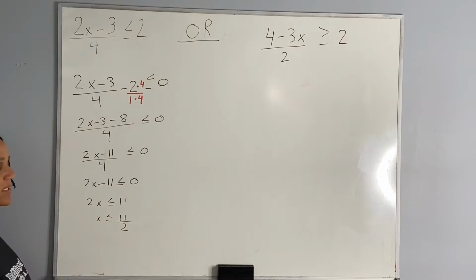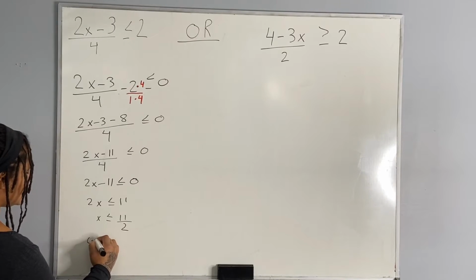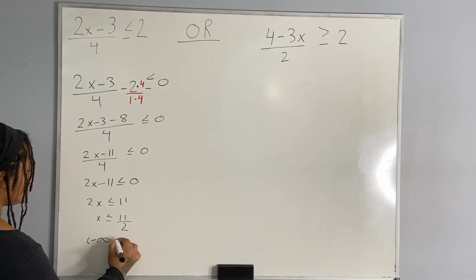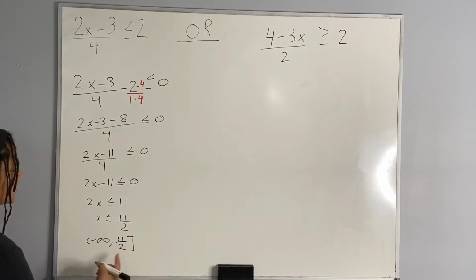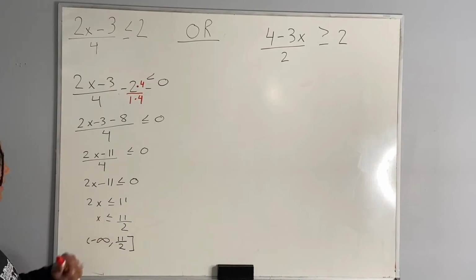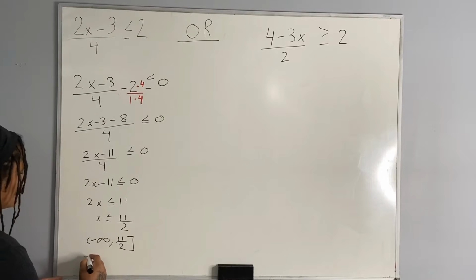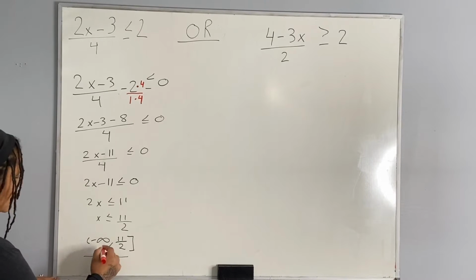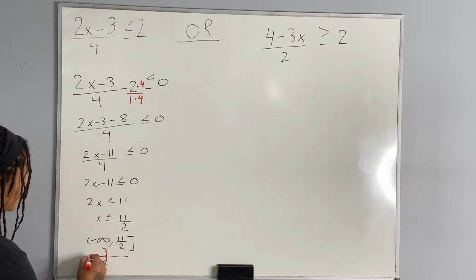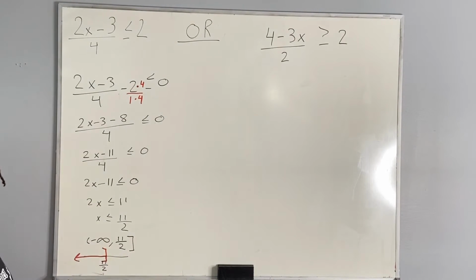So if we were to put this in interval notation, we would say it's from negative infinity to 11 halves. And we put a bracket because we are including the 11 halves. And if we were to graph it, we would start at 11 halves and then write a bracket and draw an arrow all the way out to the left.